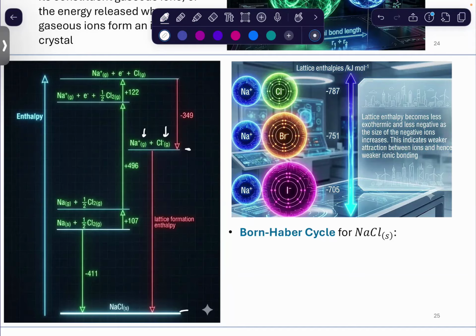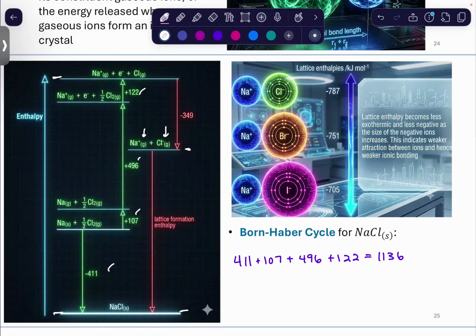We can see the magnitude going from here all the way up is going to be 411 plus 107 plus 496 plus 122. That gives us 1136 kilojoules.